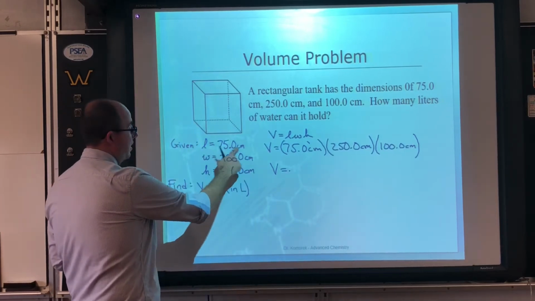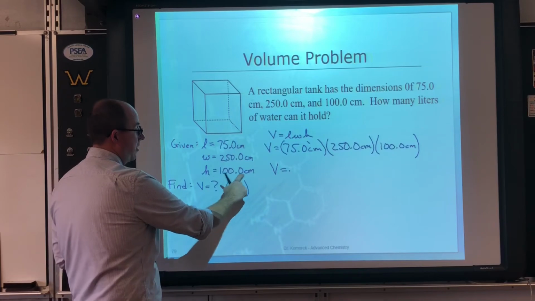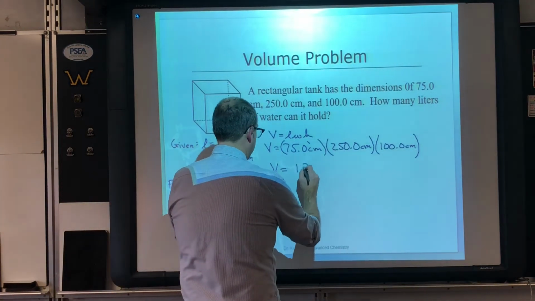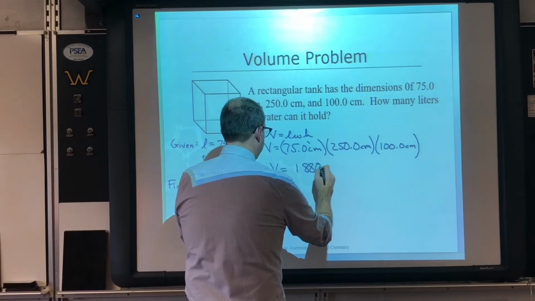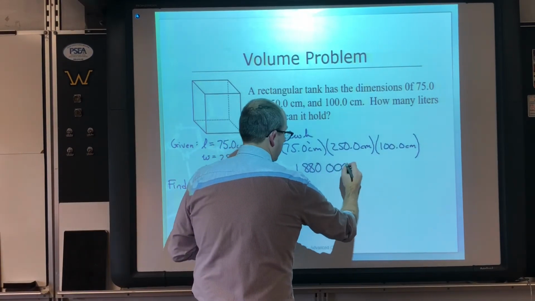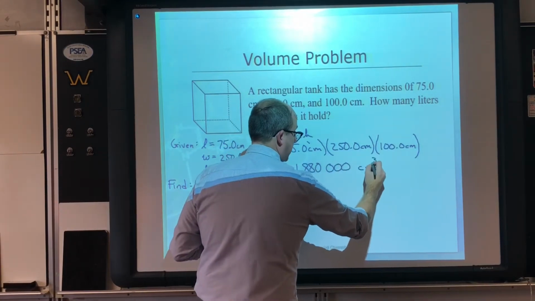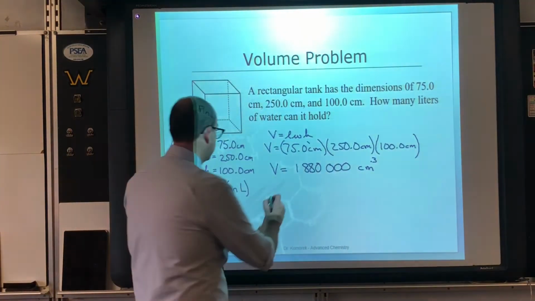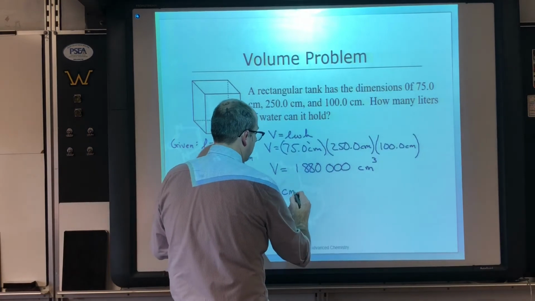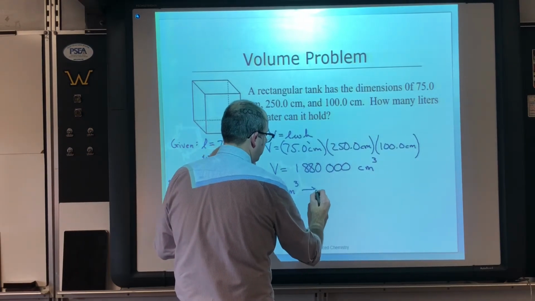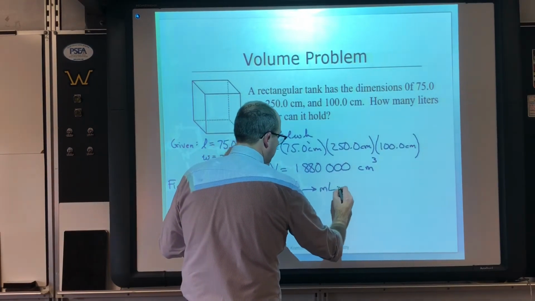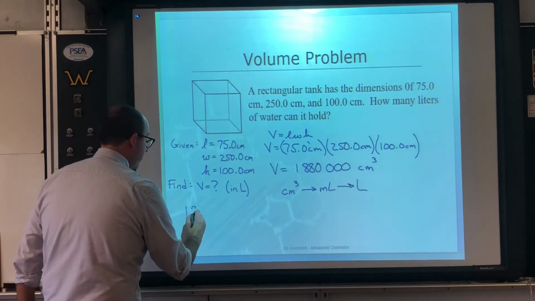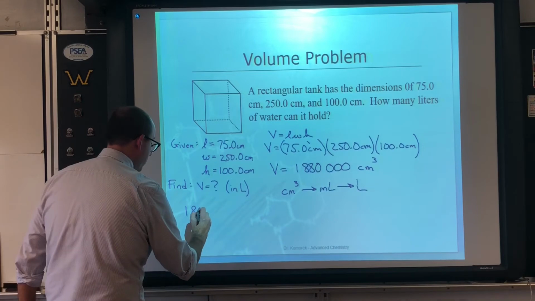Looking at sig figs, I have 3, 4, and 4, so only 3 in the answer. This becomes 1,880,000 cubic centimeters. It's asking us to find this in liters, so from the basic plan, we take centimeters cubed, convert it to milliliters, and convert that to liters. So that volume becomes the given.